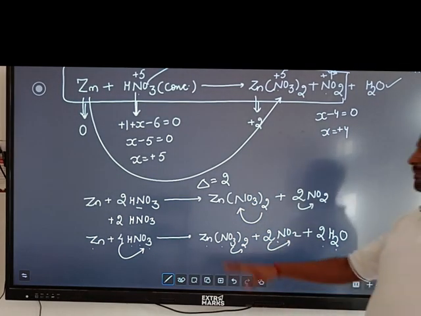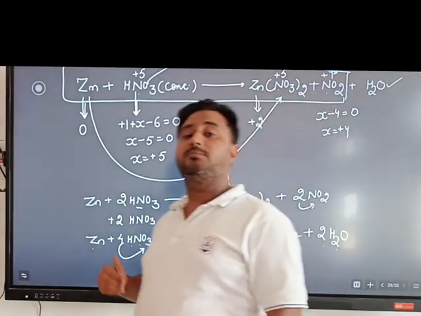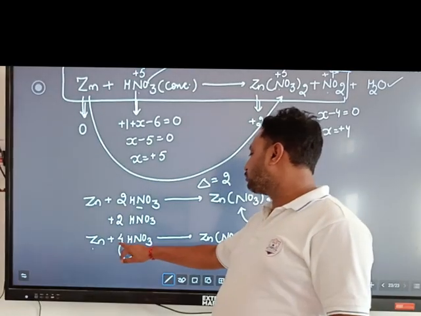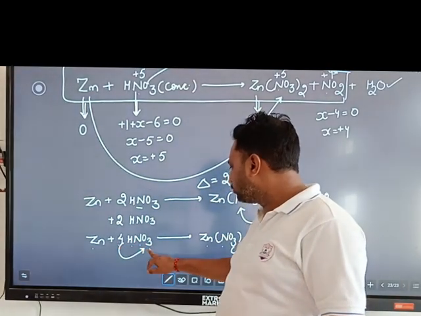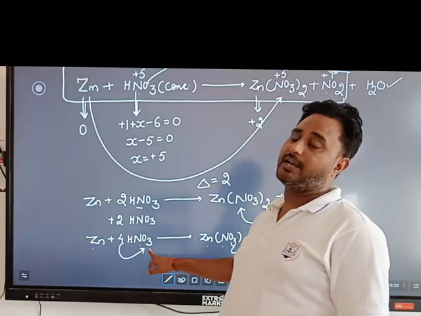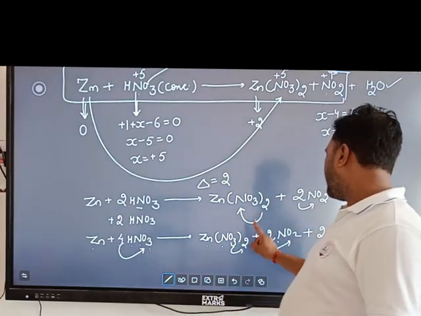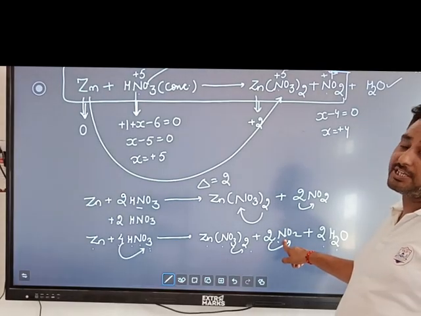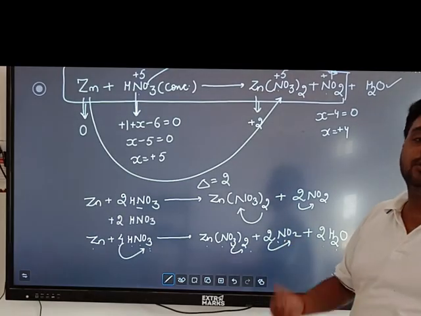After the balancing of zinc and nitrogen, we have to balance the oxygen. So this is 4 into 3, which means there are 12 oxygen atoms on the reactant side, and on the product side 3 into 2 is 6 plus 4 is 10. There are 10 oxygen, which means the product side is deficient by 2 oxygen.